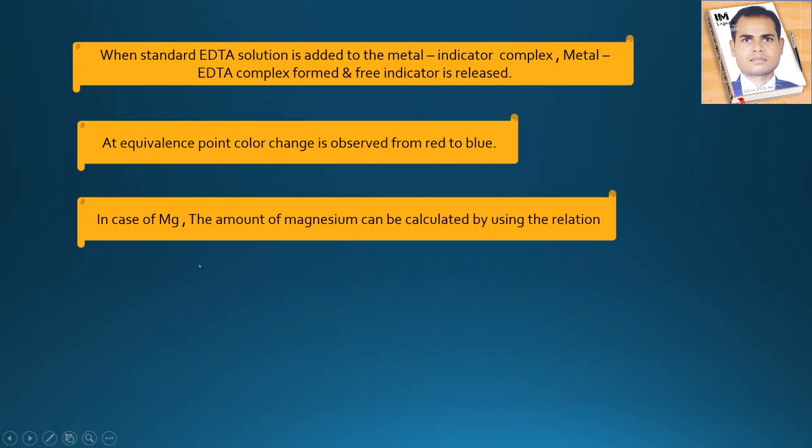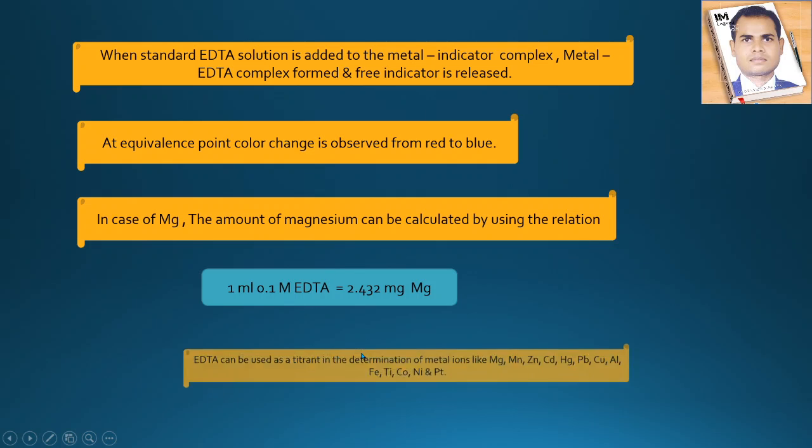In case of magnesium, the amount of magnesium can be calculated by using this relation: 1 ml of 0.1 molar EDTA is equal to 2.432 milligram of magnesium. With the help of this relation we can calculate the magnesium amount.